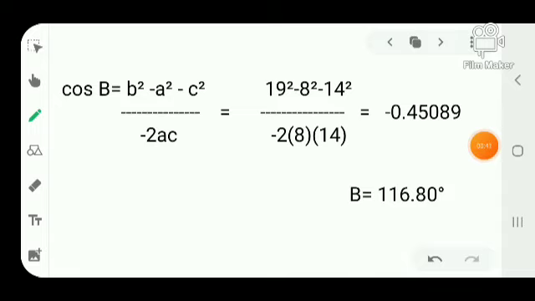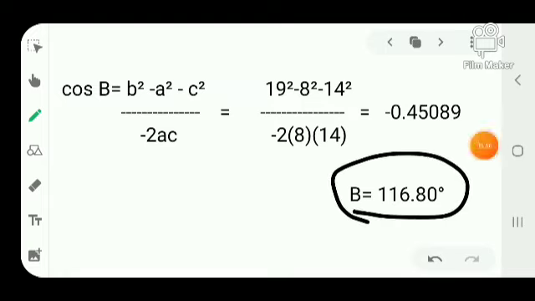Since cos B is negative, we know that B is an obtuse angle. So B is equal to 116.80 degrees. Since a triangle has at most one obtuse angle, angles A and C are both acute.